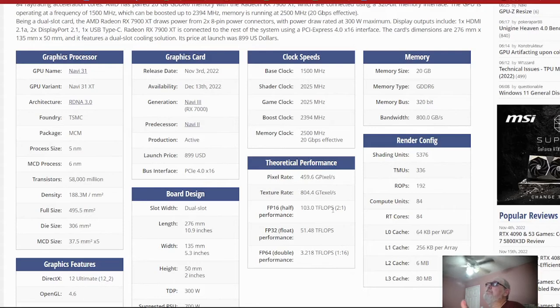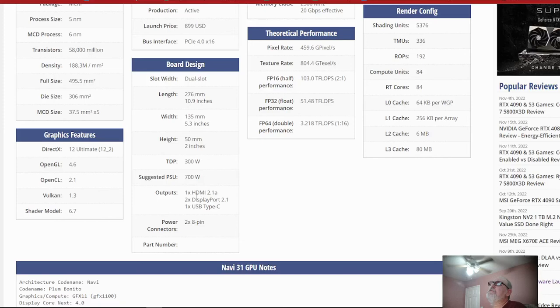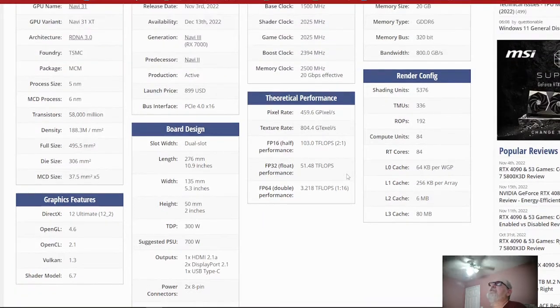Now, this, I have a feeling at 300 watts, is going to be able to scale up to at least 380 watts, just to say. Okay?